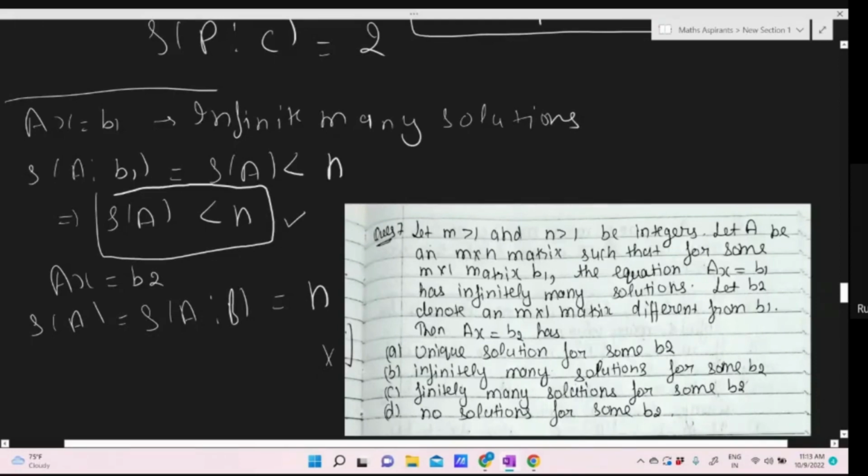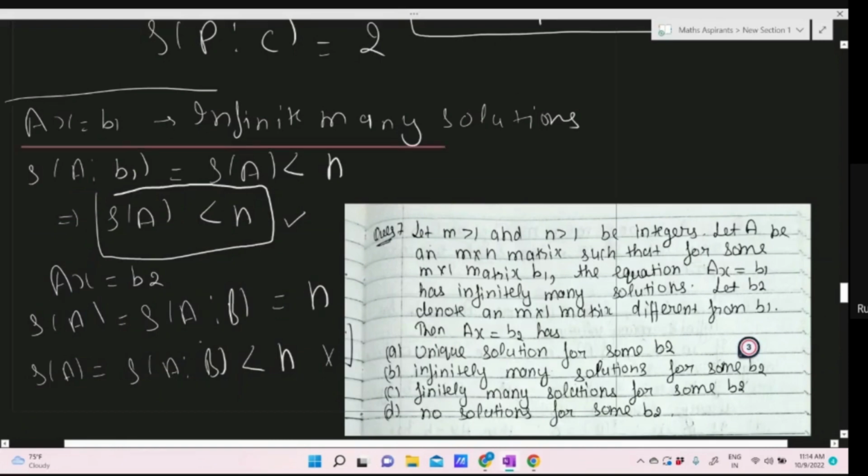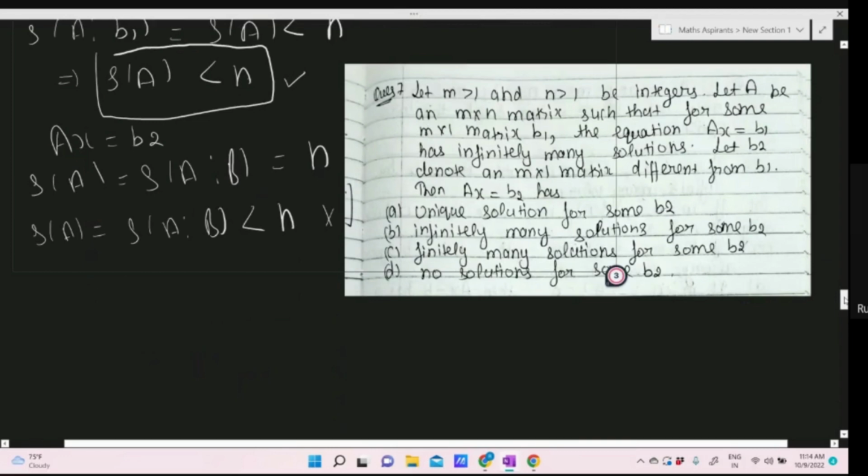Now, option B says infinitely many solutions for some b2. For infinitely many solutions, we have the condition rank of A equals rank of A augmented b, which is strictly less than n. The rank of A is less than n, this condition is already satisfied. Now, infinite solutions exist. For this, let us take an example of a system whose infinite solutions exist.